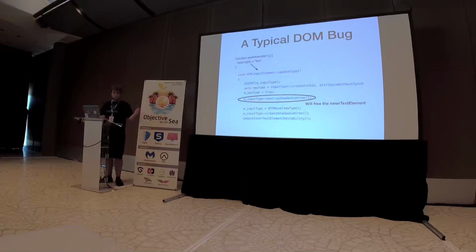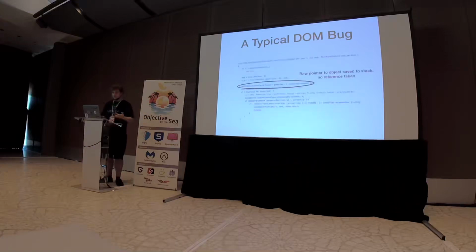And if you look back, inner text is a pointer that we have in our stack frame that we saved without taking any reference. And so this is the scenario that happens, and any use of inner text after our callback has run will be a use after free.